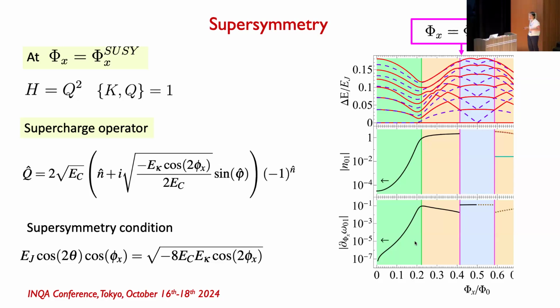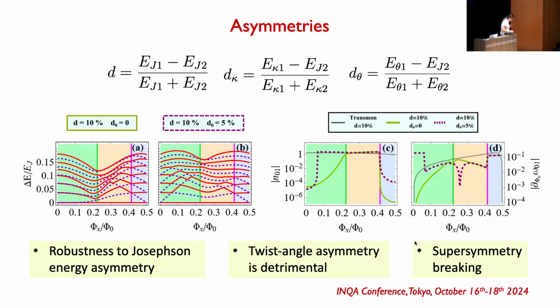Now, the supercharge operator has a strange structure, but the important thing is that all these calculations were done for identical junctions, in an idealized situation. What happens if you have differences or asymmetries between the junctions? The main message here is that you are robust with respect to asymmetry in the size of the junction, J and kappa, but very sensitive to angular asymmetry.